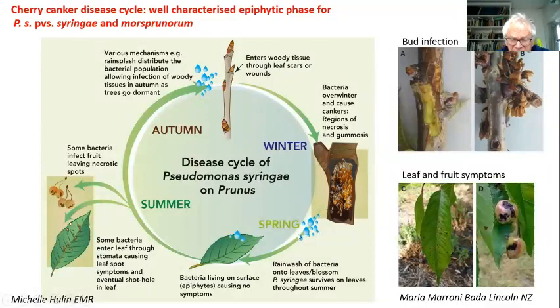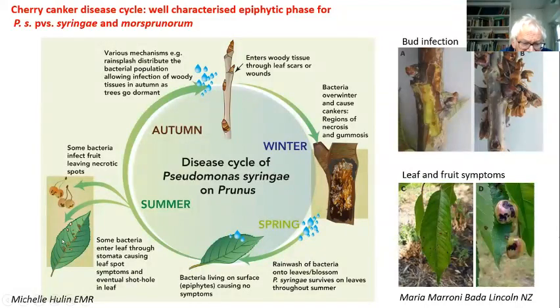Rain splash spreads these onto the leaves and onto the rest of the shoot surface as well, so in the phyllosphere. This is an important phase of development of the disease, the fact that it grows and can multiply on the leaf surface, where it interacts with other bacteria. So it could be an area where there's a lot of horizontal gene exchange between bacteria, and maybe lead to new forms of bacteria evolving.